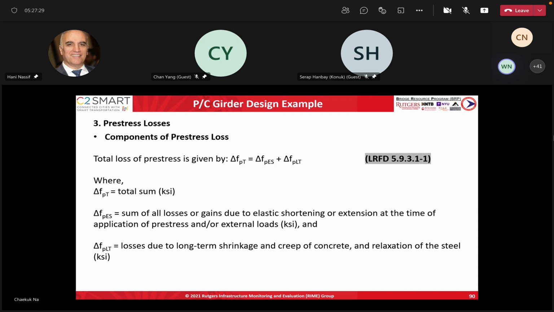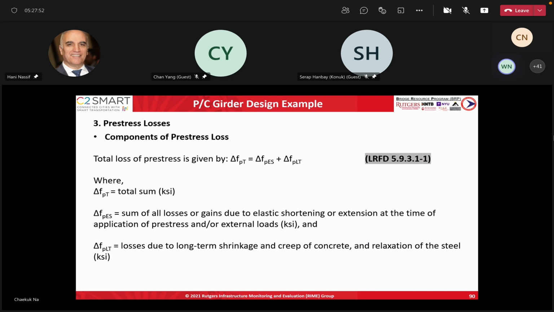Now we are calculating the losses. We assumed it to find the number of strands, and now we want to use this number of strands that we computed to find the losses. What happens if we get losses that are different from the assumptions? We have to start over and recalculate the number of strands until we get a convergence.